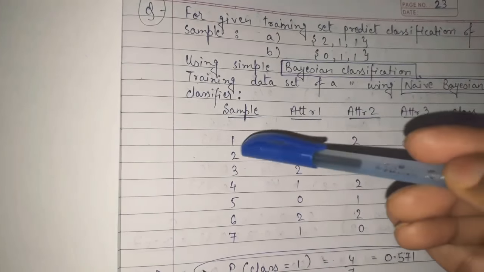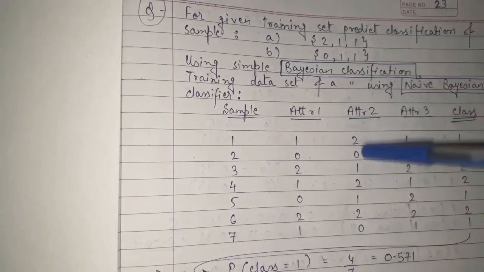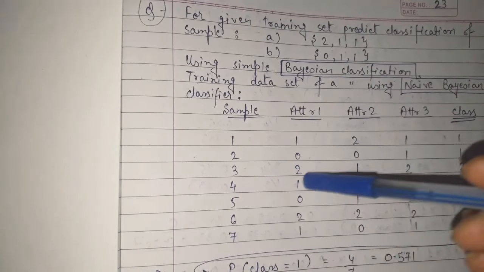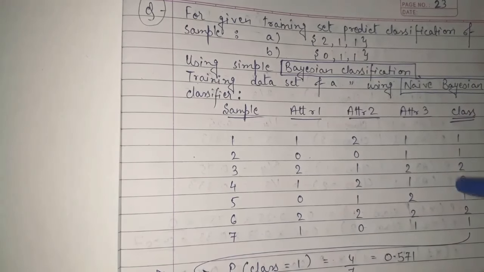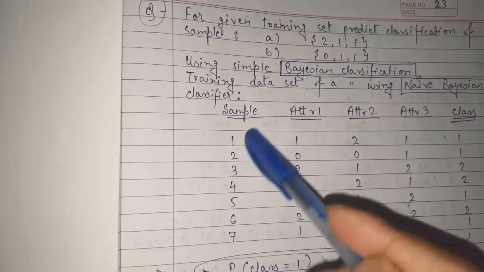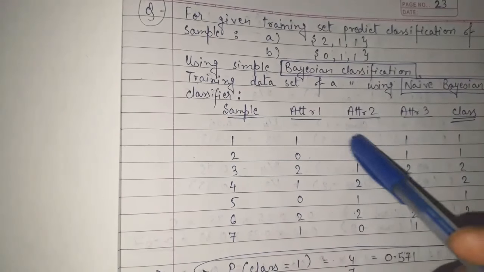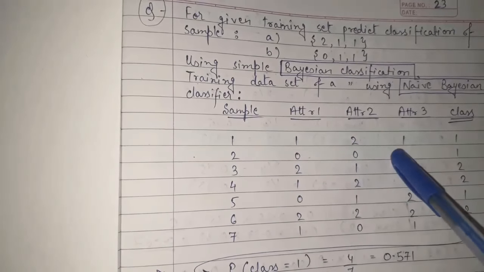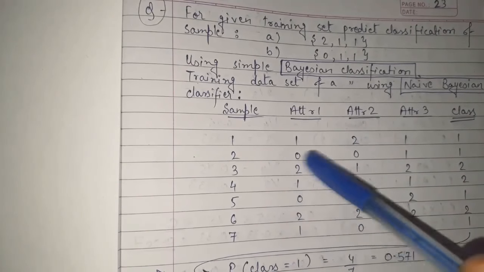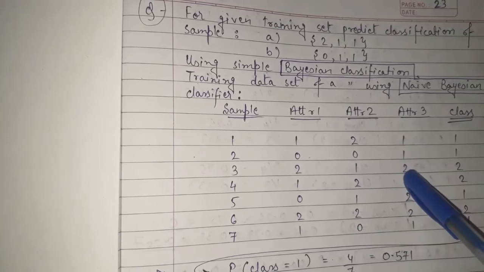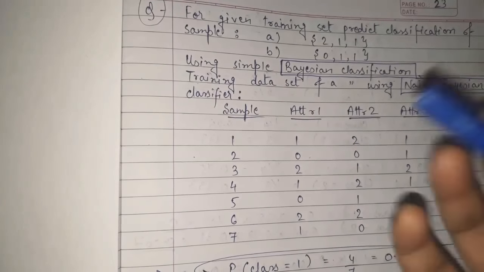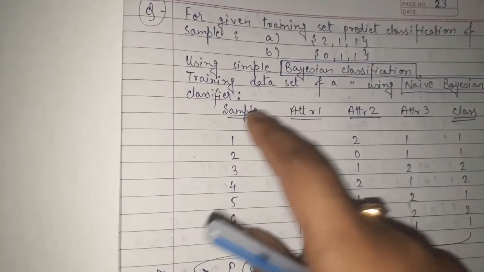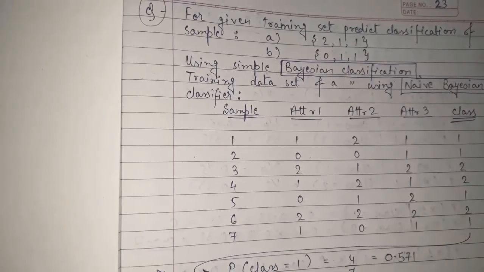As per the values of attributes of the sample, they are classified into either class 1 or class 2. Whenever the attributes are 1, 2 and 1 respectively, they belong to class 1. When the attributes are 2, 1 and 2 respectively, they belong to class 2. So for these 7 samples, we already have their specific classes.